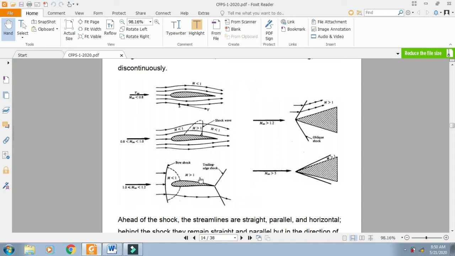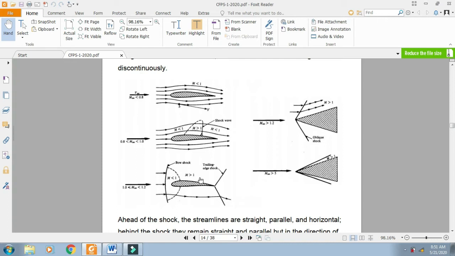So this regime between 1 and 1.2 is also transonic flow. Transonic flow is the case when Mach number infinity is between 0.8 and 1.2, because when the Mach number is close to 1, at some locations it becomes subsonic and at some locations it becomes supersonic.